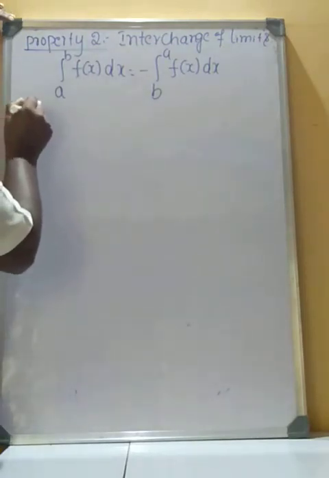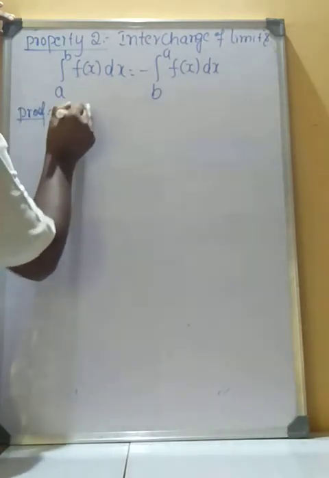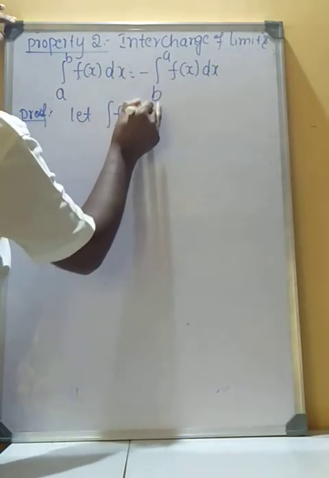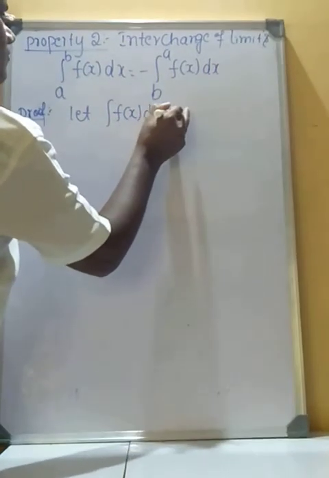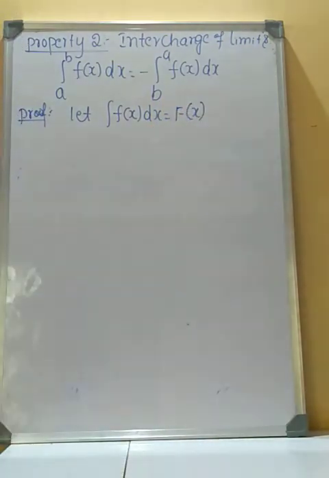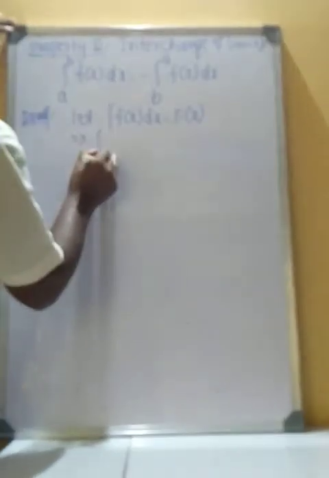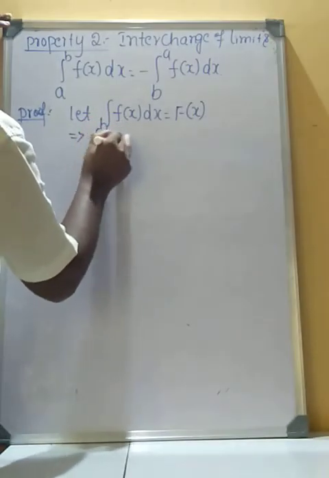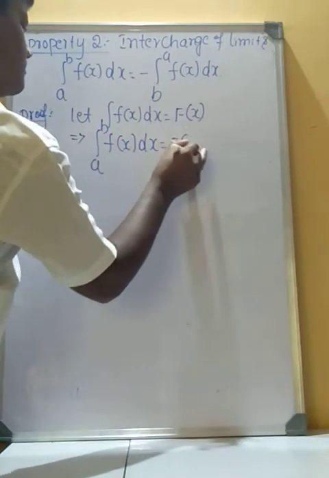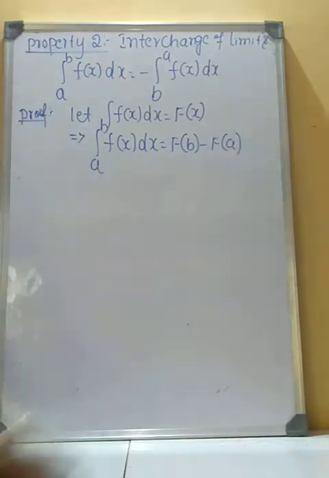Here also the proof: let integral f of x dx equal capital F of x. This implies integral a to b f of x dx is equal to F of b minus F of a.